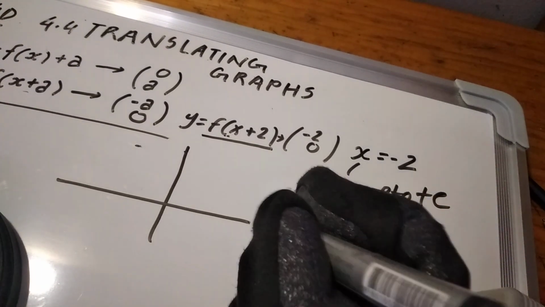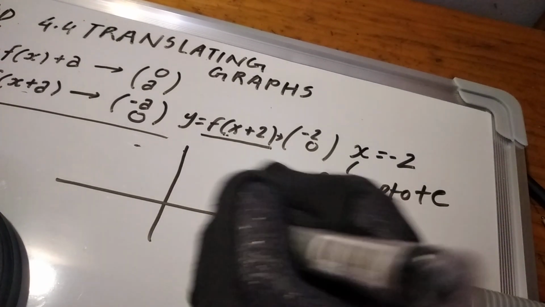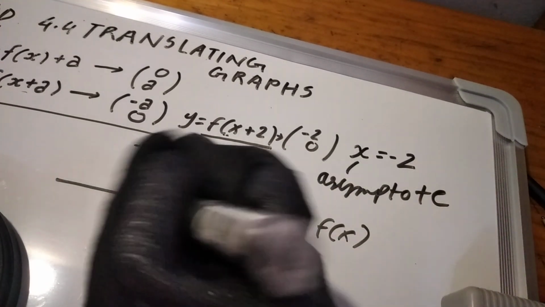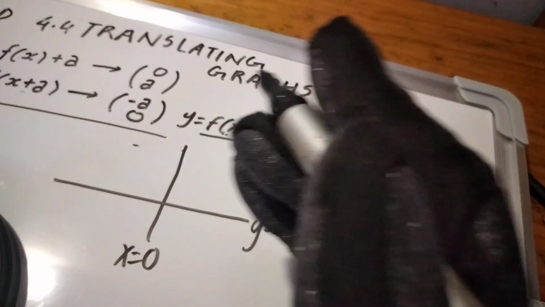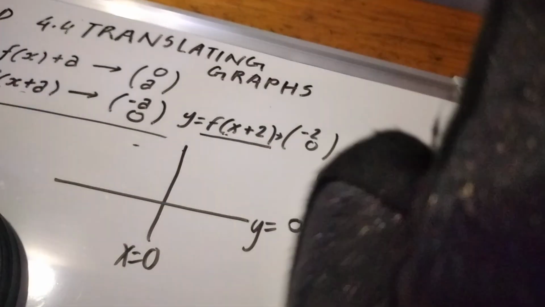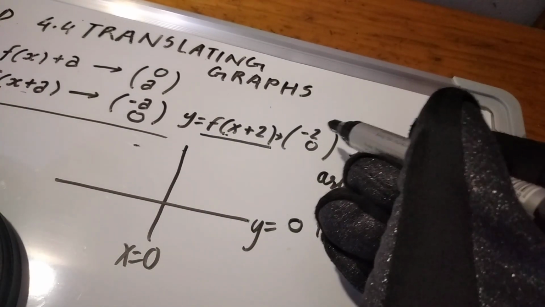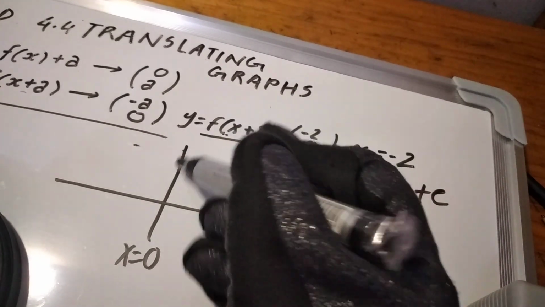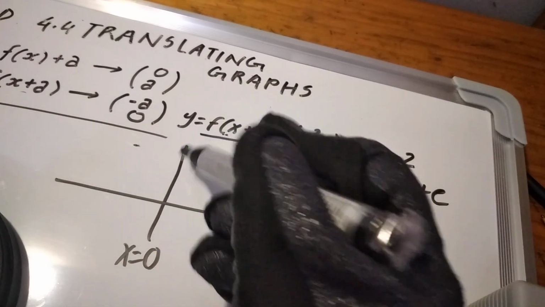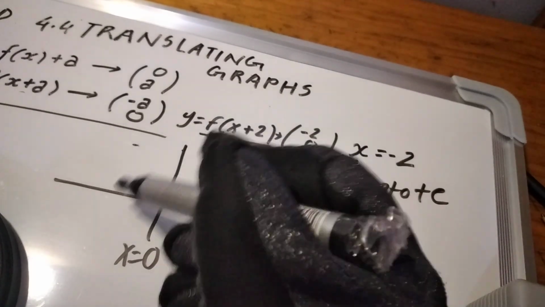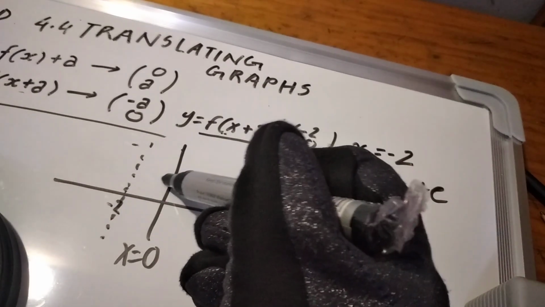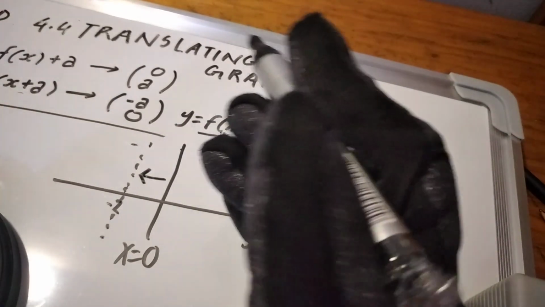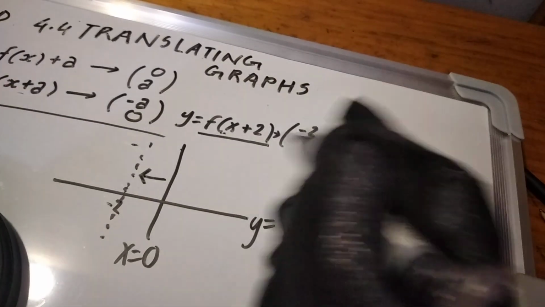This is y equals 0, the x-axis, where the y values are 0, and this is x equals 0, the y-axis. So in the x-axis y equals 0, and in the y-axis x equals 0. If x equals 0 is here and it translates by -2, then the asymptote line, which is initially at x equals 0, will move to -2. So you can see the asymptote line has also been translated. This is the concept.